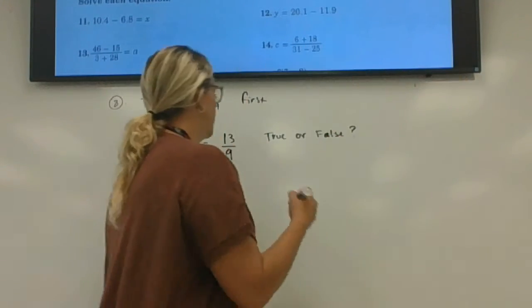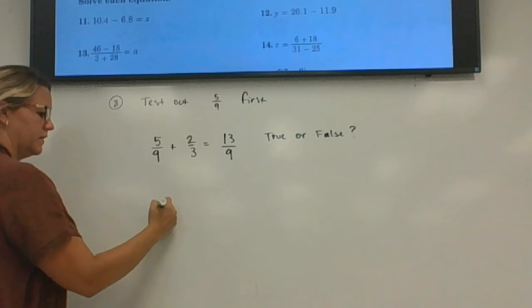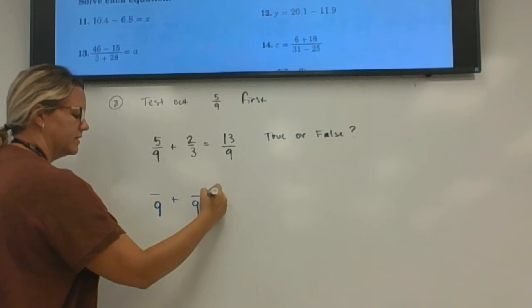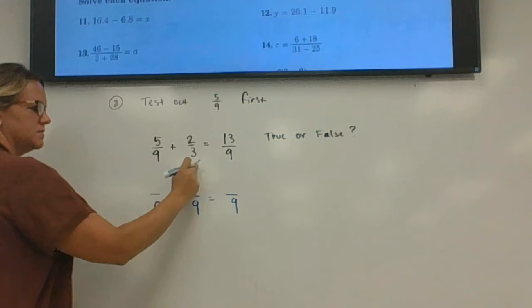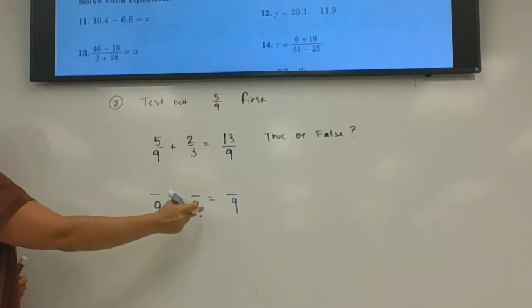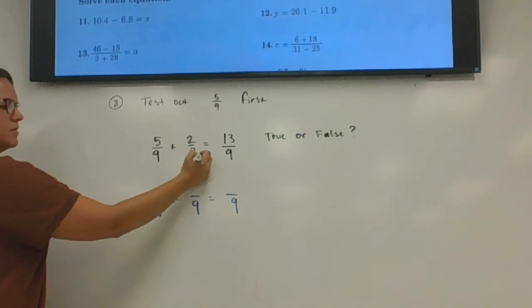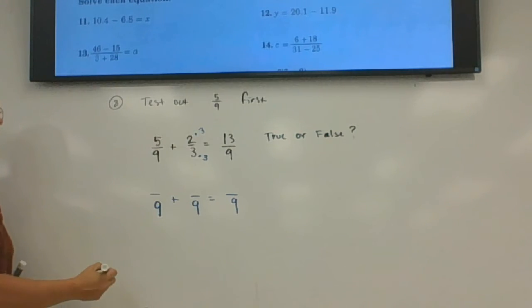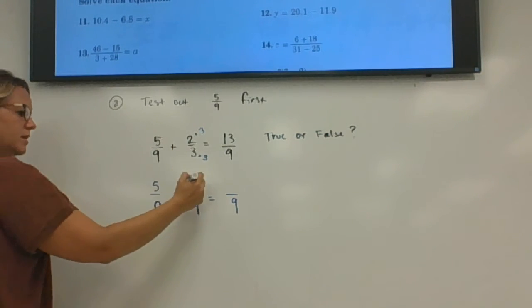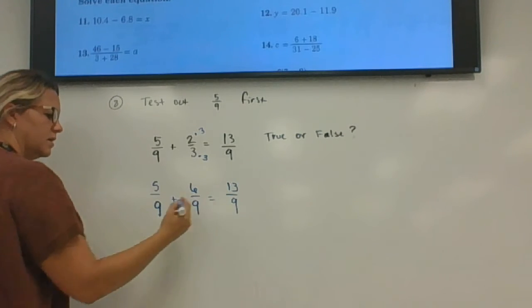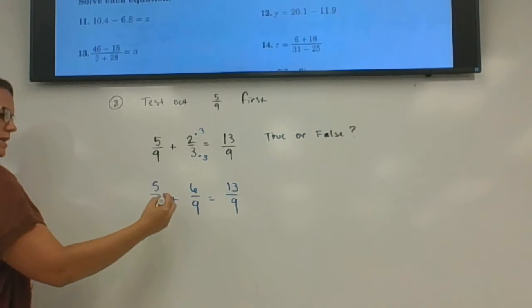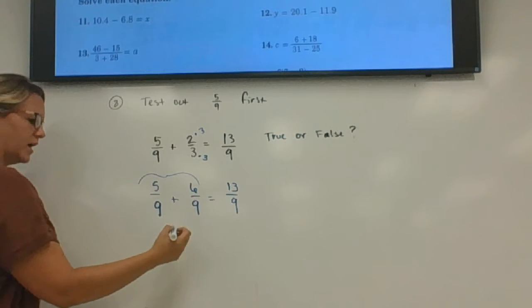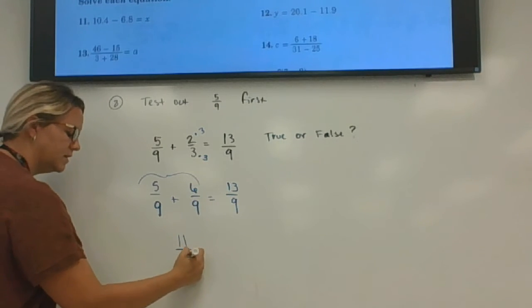So I'm going to come to the row below and make everything have a denominator of 9. Because when I look at those 3, I know that I could make 3 turn into 9 and then everything will have a denominator. So I will multiply that one top and bottom by 3. And now I can combine these. I can do 5 plus 6 is 11.